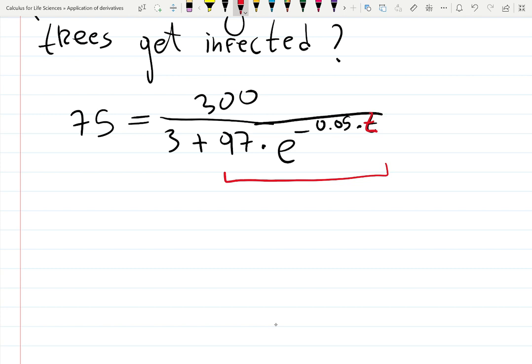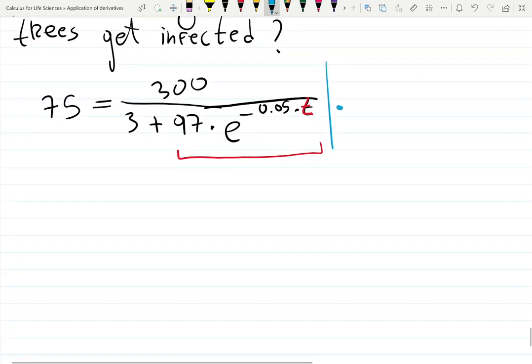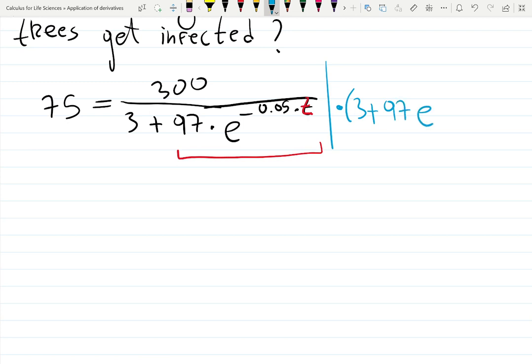Do you remember how to flip the fraction? If you don't, just multiply everything by the denominator, 3 plus 97 e to the minus 0.05 t. You cannot do it if the denominator is 0, but it is not 0, so we are safe.